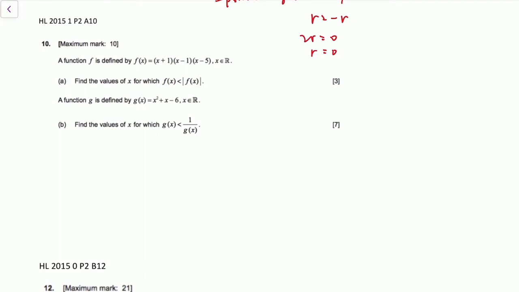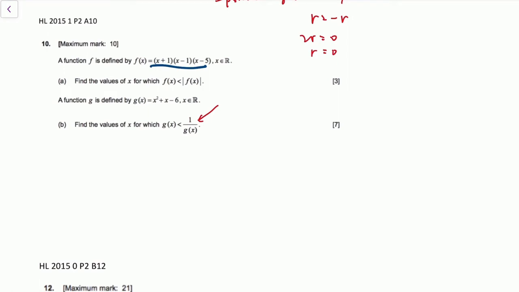Next question would be about the absolute transformation. Another thing that you should know in HL would be doing 1 over a graph as a transformation. So I also picked this question to demonstrate that. So there is a cubic.